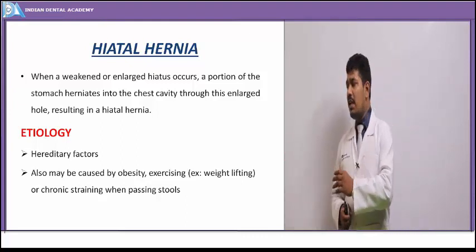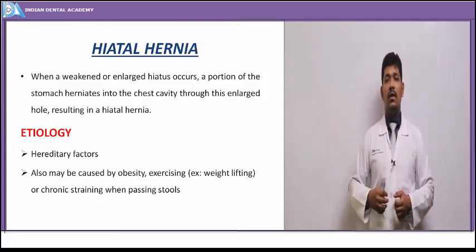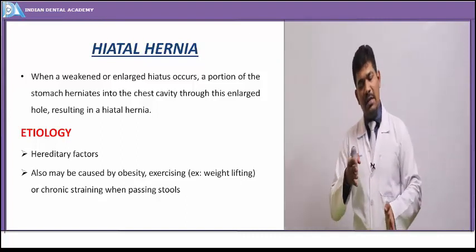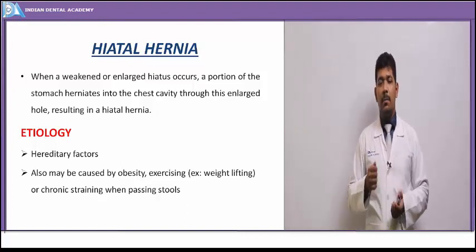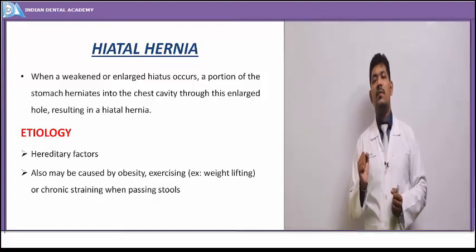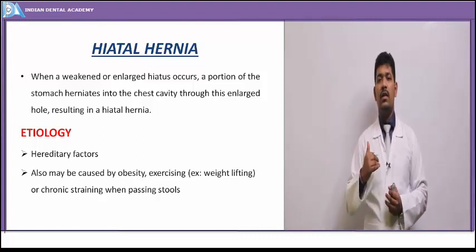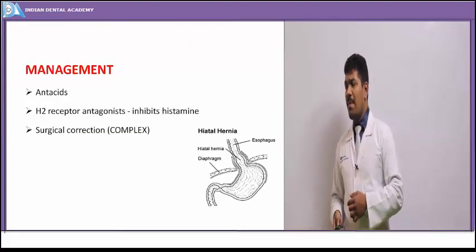Also, with chronic straining while passing stools, we notice the creation of an immense amount of pressure, which creates a difference in pressures between the upper thorax and the lower abdomen, pushing these contents against the hiatus, thereby enlarging it. This chronic enlarging of the hiatus results in pushing of these food contents back into the upper cavity. Now, how do we manage it?